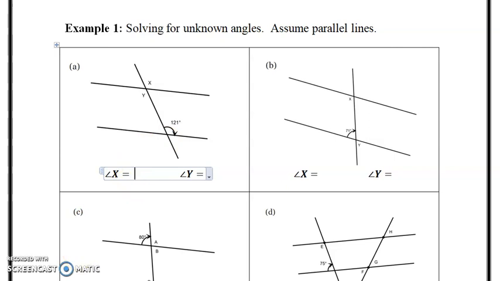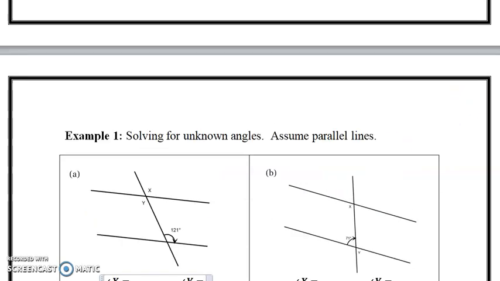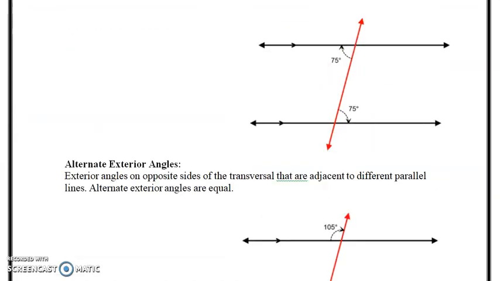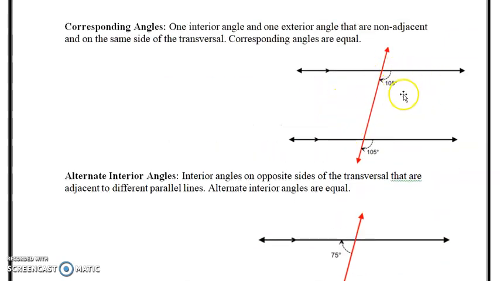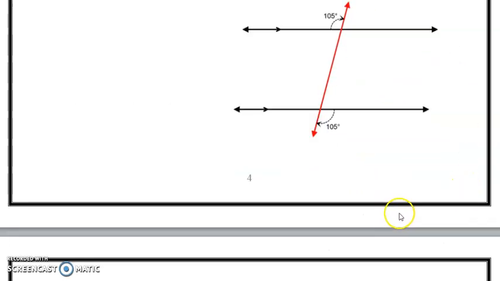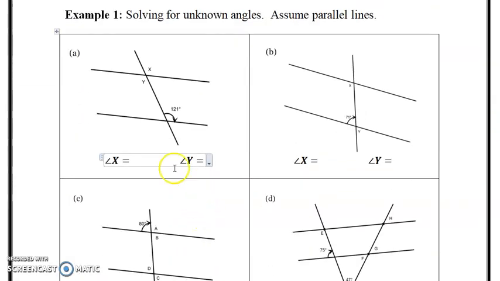And why are they equal? Well, if we look back and refer back to what we learned earlier, we'll see right here. They're called corresponding angles. Okay? Corresponding angles. So that is equal to 121 degrees.